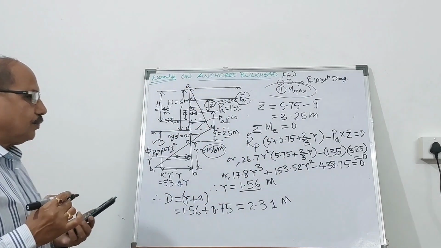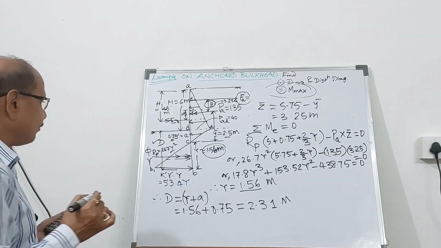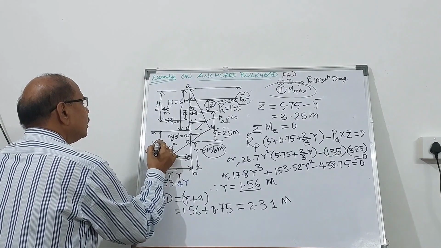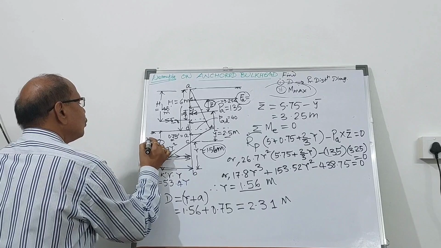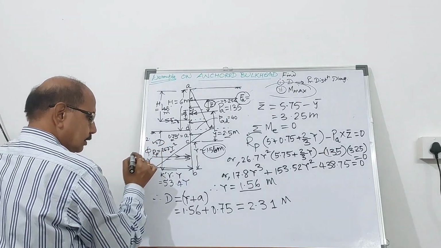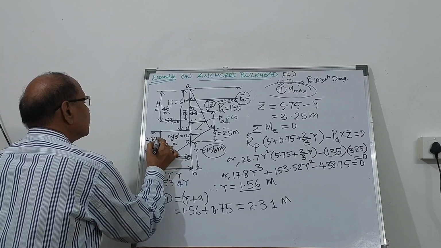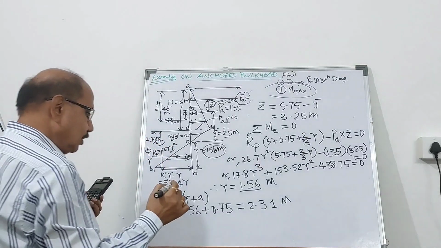So the value of the depth of embedment is now equal to 2.31 meter, right? So D to be provided.